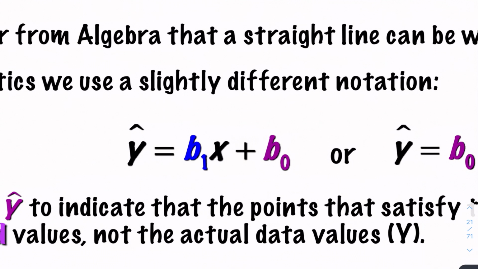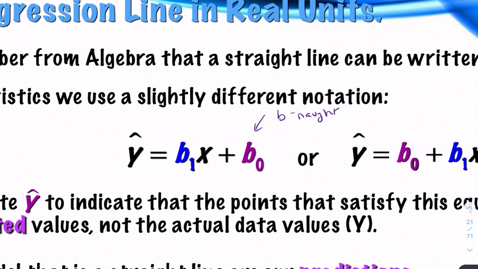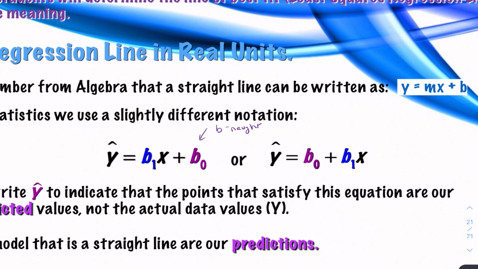So you will see either y hat equals b1x plus b naught, read b sub 0, or y hat equals b naught plus b1x, where we know that b naught is the y-intercept, and b1 would be our m, or our slope in this case.